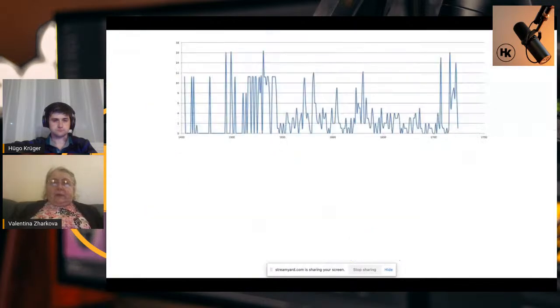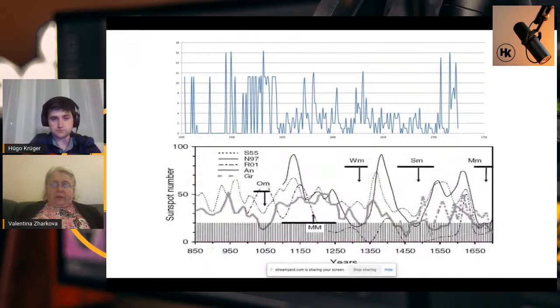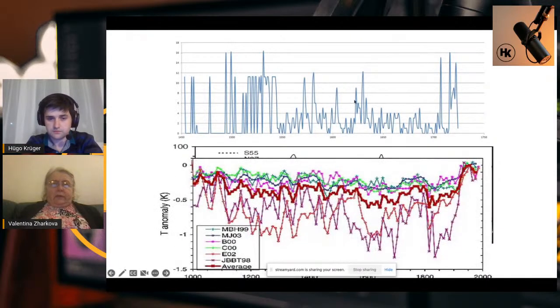And here is the observation. When you look at the top, it is the number of auroras observed from 1450 until 1700.